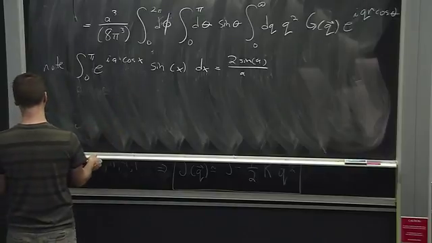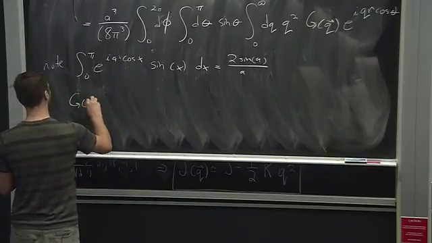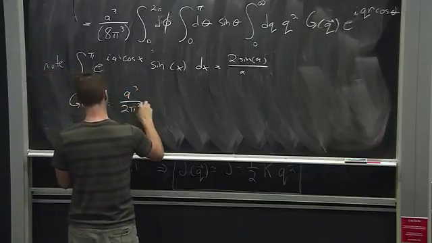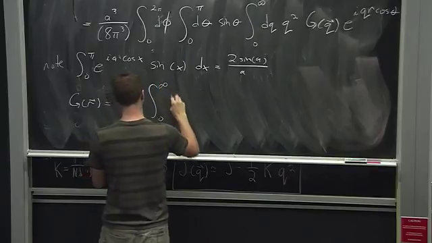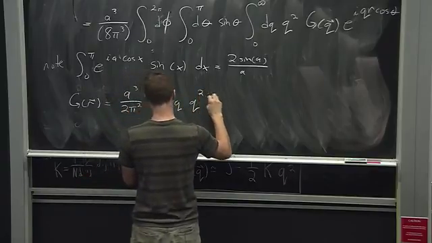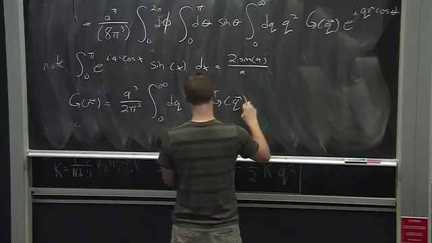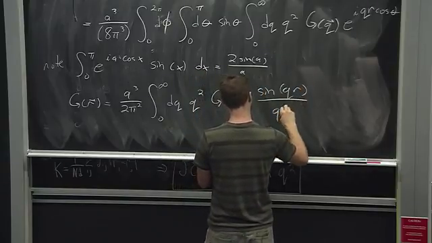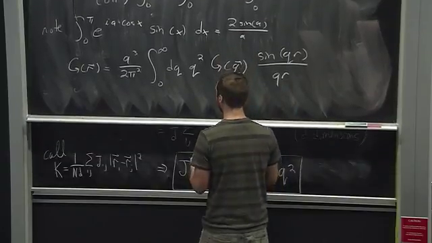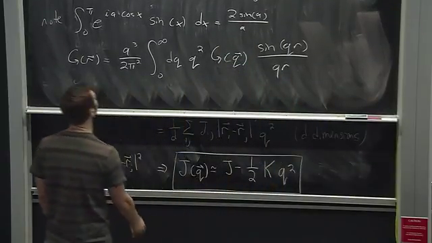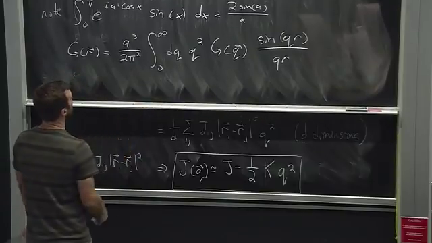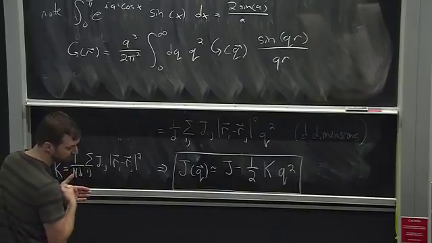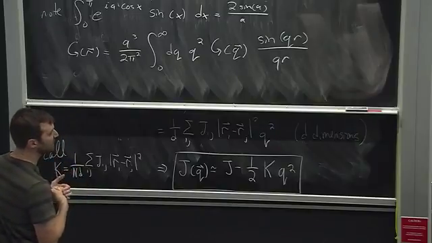So then G of R, and I pulled out the phi integral. What do I do now?